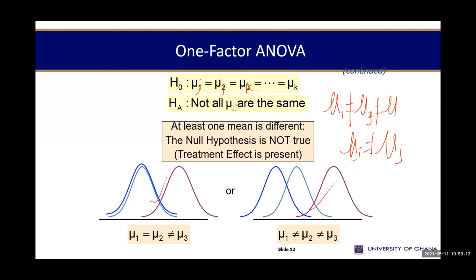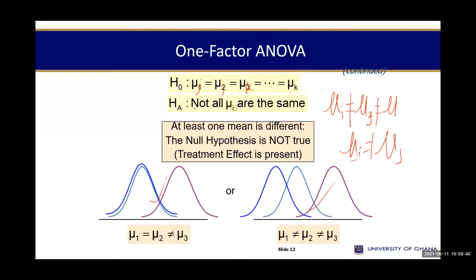It's just to infer that it's the same statement we want to make. So you see, at least one of the means is different from the other. Not all the mu i are the same. It's the same statement explaining the same thing; it's just how it's being represented.